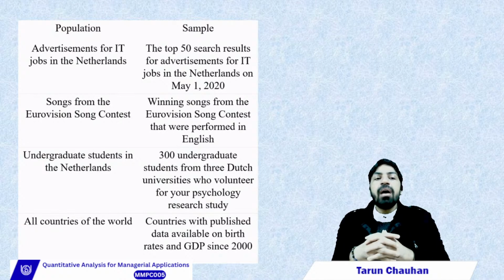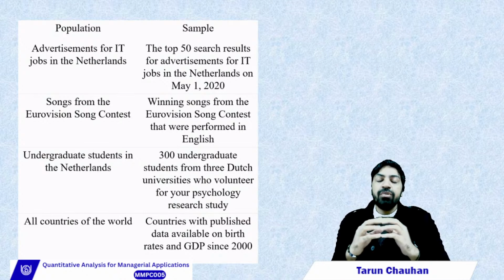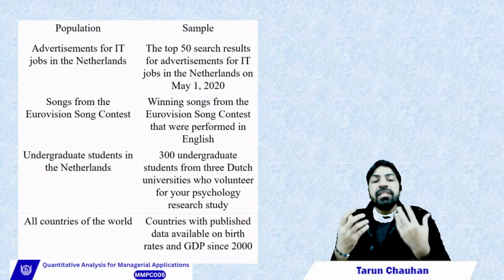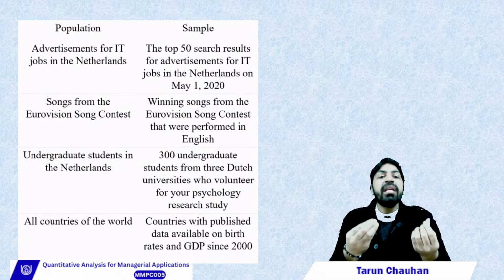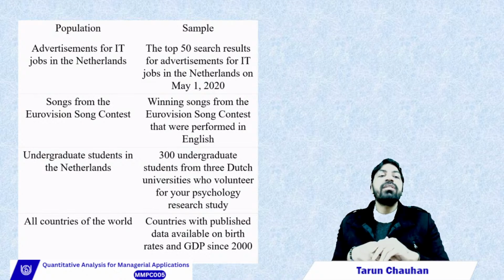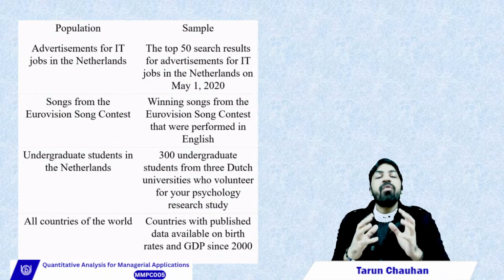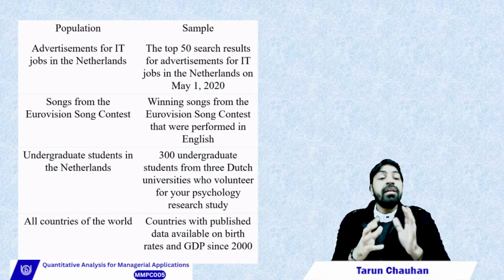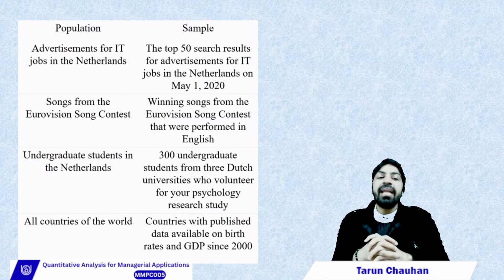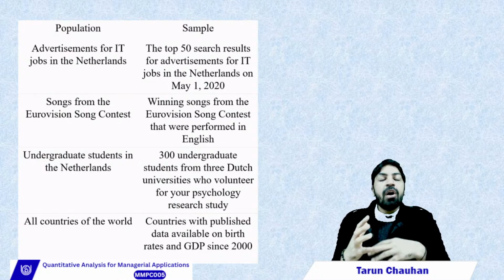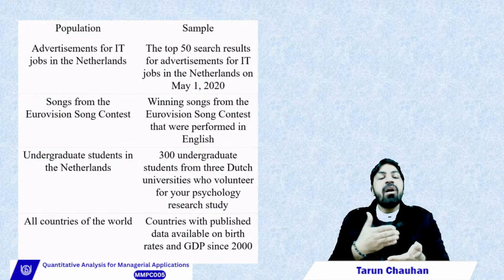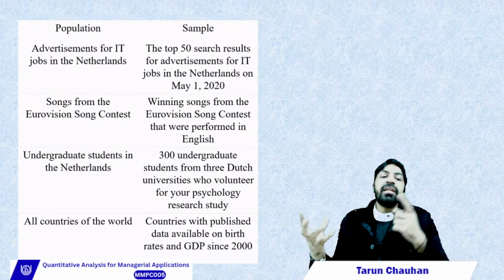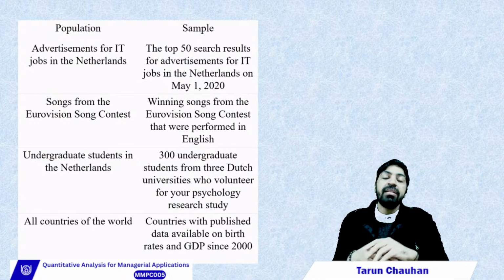If we talk about the songs for the Eurovision Song Contest, the sample would be a list of the winning songs from the Eurovision Song Contest that were performed in English. The third example would be the undergraduate students in the Netherlands. This is a population. On whatever aspect the data or sample is to be collected from the students, that would be the sample.